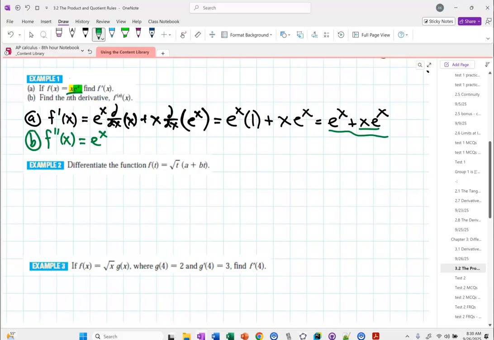Yeah. Okay, well, swell. So it looks like I'm going to have 2 e to the x plus x e to the x.